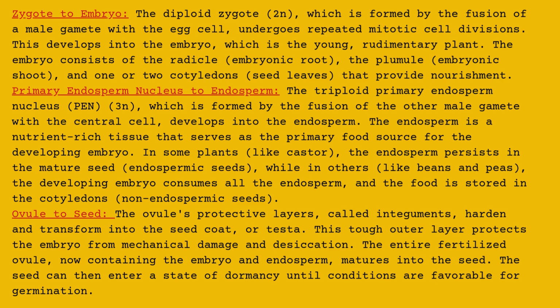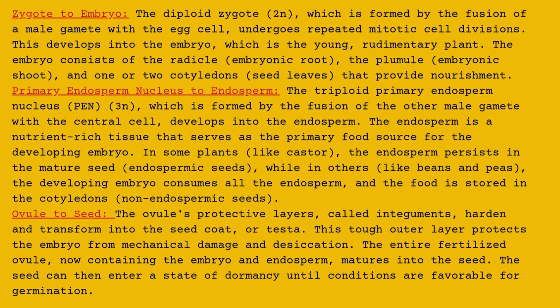In some plants like castor, the endosperm persists. In others, the developing embryo consumes all the endosperm, and the food is stored in the cotyledons; these are called non-endospermic seeds.